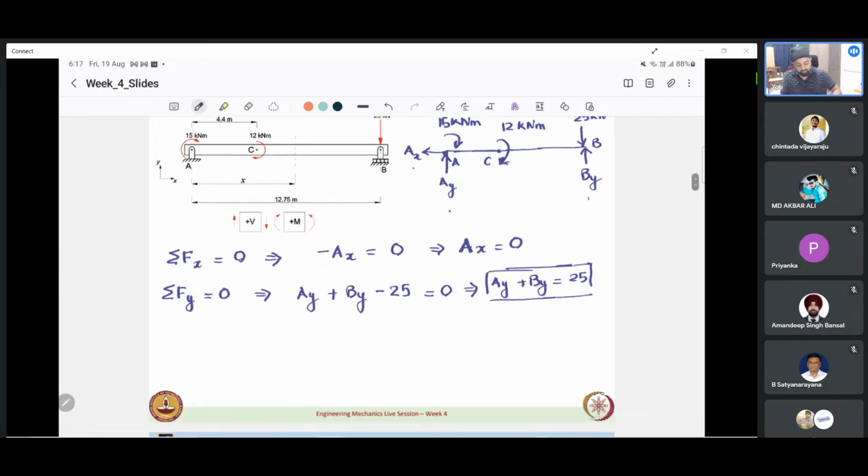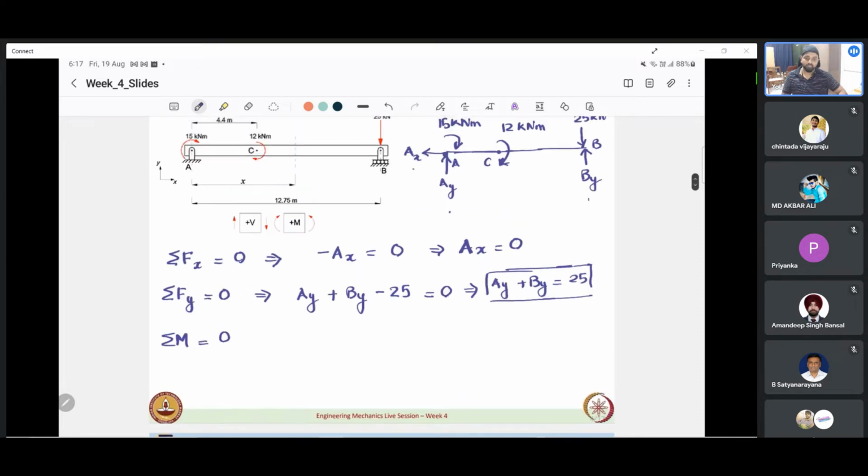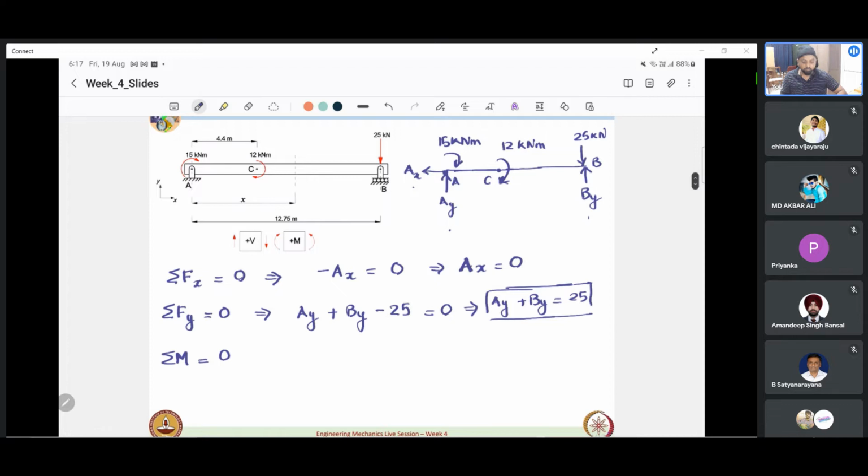Okay. Now the third equation at our disposal is that the summation of moment about any point in space sums up to 0. So we can take moment about any point and it would sum up to 0.